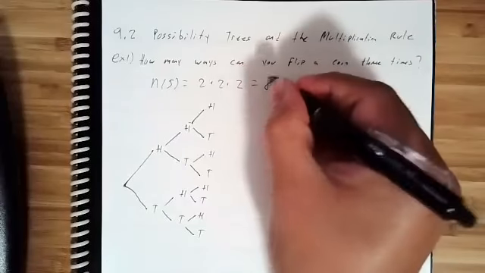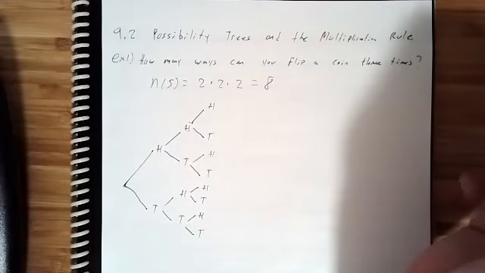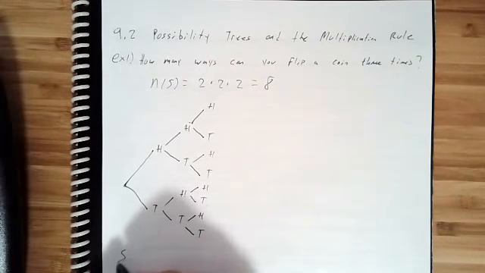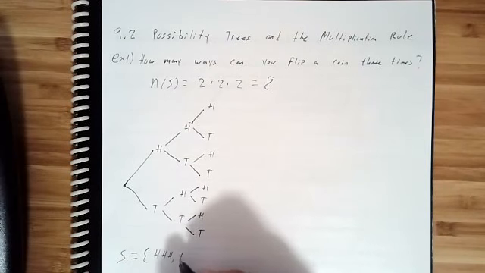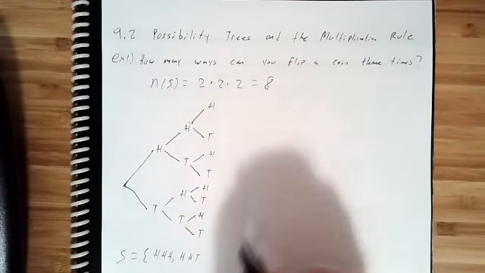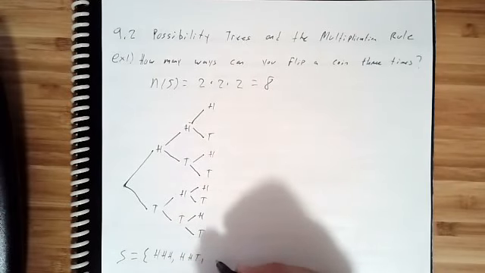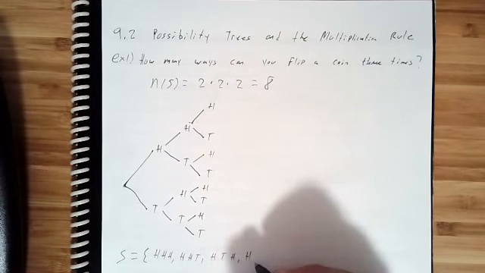So there's 8 total outcomes, which we can count right here. S could be heads, heads, heads; heads, heads, tails. That's this branch and that branch. Then we could have heads, tails, heads, or heads, tails, tails.